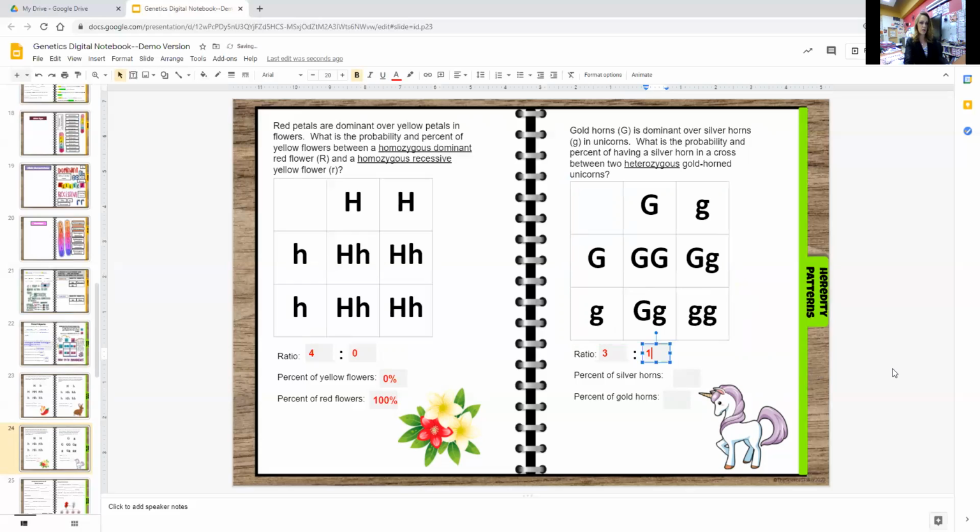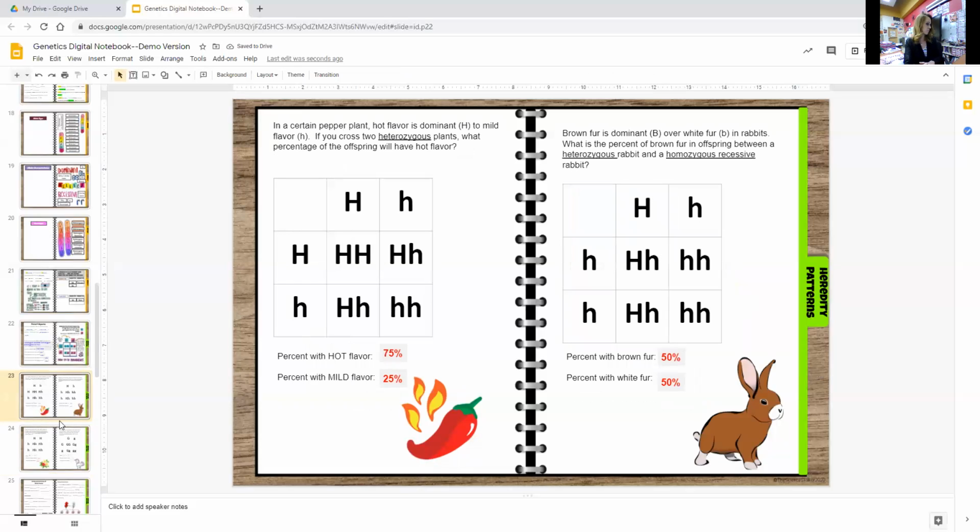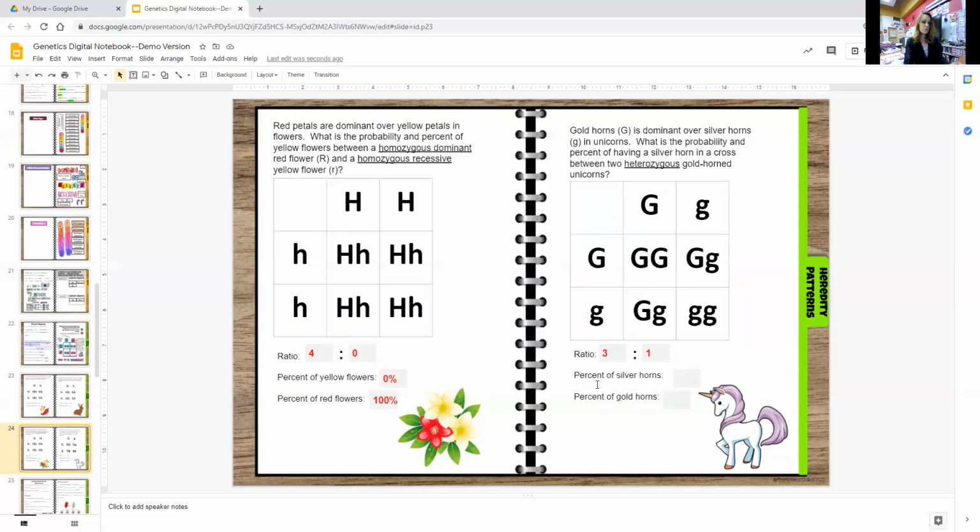So a 3-to-1 ratio of gold to silver horns. So what's the percentage of silver horns? Well, it's 1 out of 4, which to percentages means that it's 25%. The percentage of gold horns, there's 3 out of 4, which means that it is 75%.